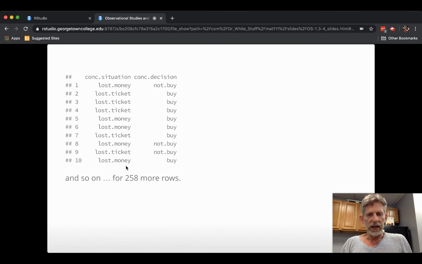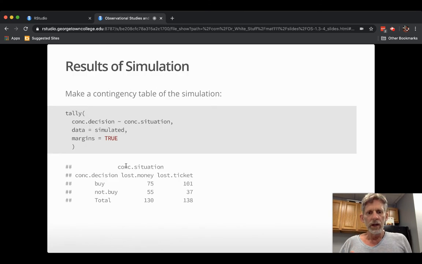And so this slide here just shows you the first few rows of one of these shufflings, for the record. But what you can do now is make a tally based on that simulation. This tally function here is still trying to tally up the counts for the situations and the decisions, but it's based on the simulated data table, not the attitudes data table.